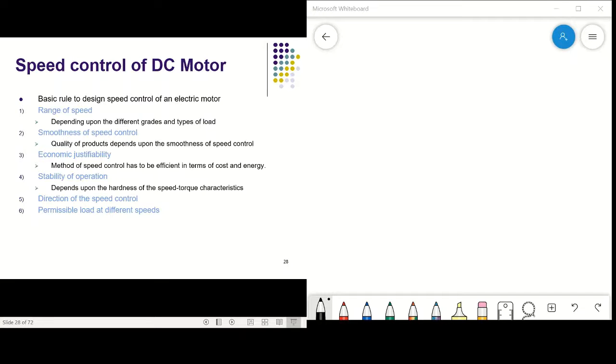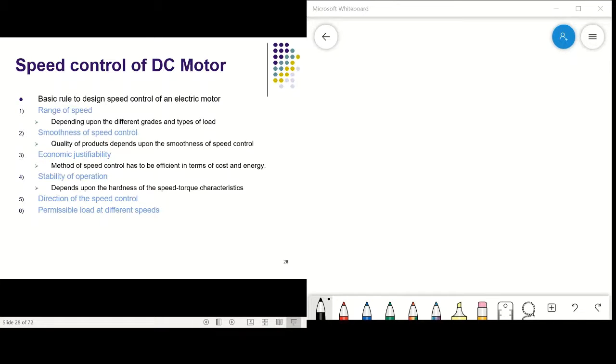It depends upon the hardness of the speed torque characteristic. So kita dah tengok pada chapter 1 load characteristic, and then kita dah tengok motor characteristic. Kita ada speed torque, armature current speed. So you kena tahu all the characteristic and then the direction of the speed control.